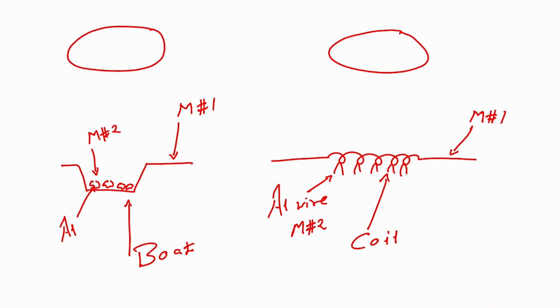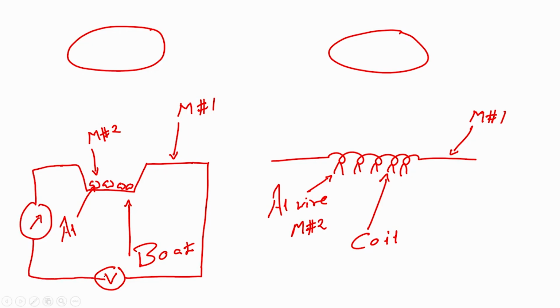Now, if I heat this metal 1, since it is a metal, it has extremely low resistance. So, if I apply a voltage, because of the low resistance there will be extremely high current flowing through the boat.